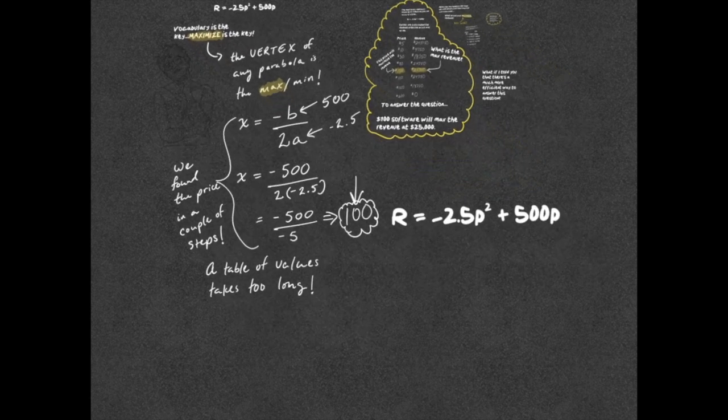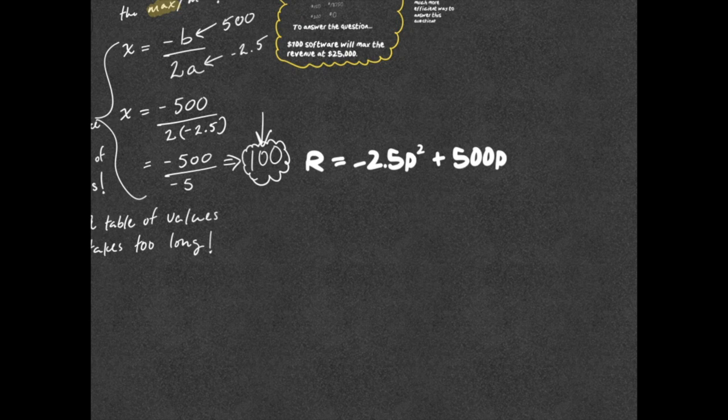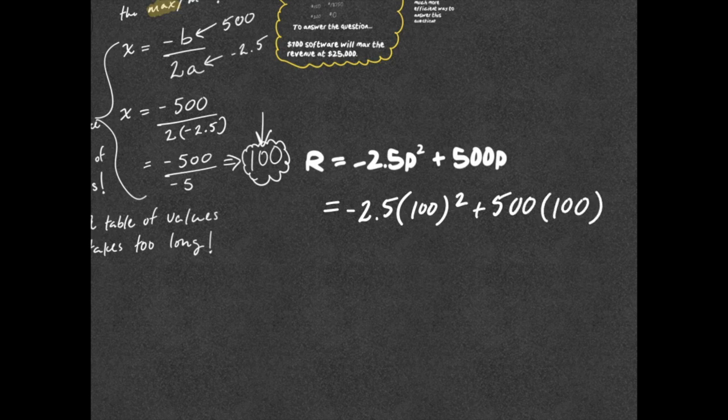All right, now that we know that the revenue will be maximized at $100, we can just insert the $100 into the function. So everywhere you see p, I now replace p with 100. Following the order of operations, I do my exponent first, and I multiply by negative 2.5.